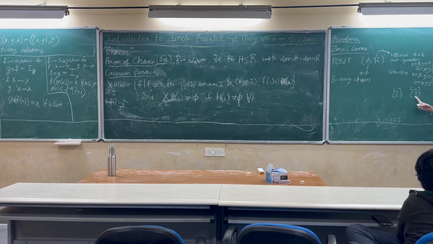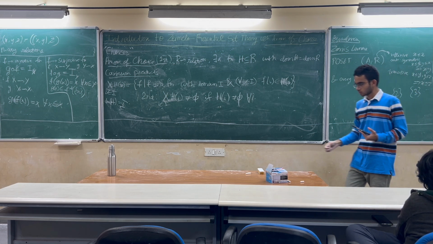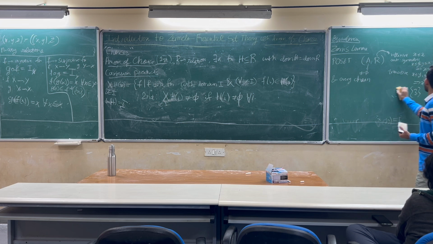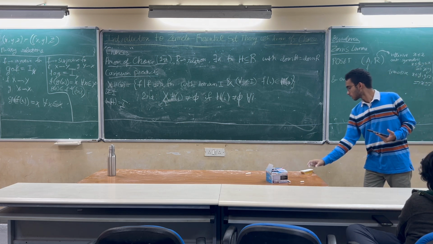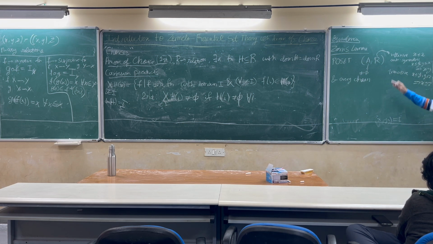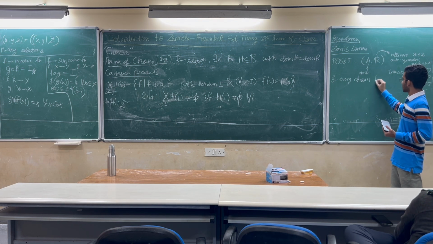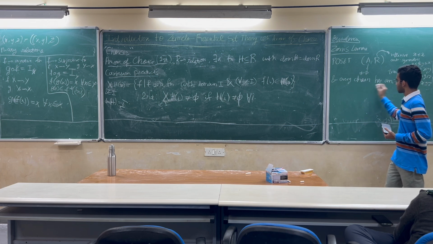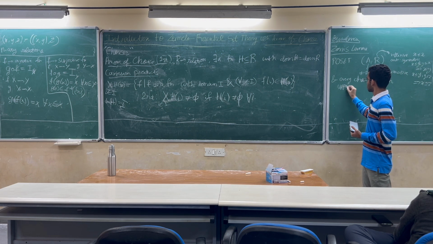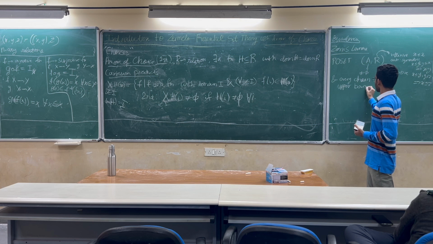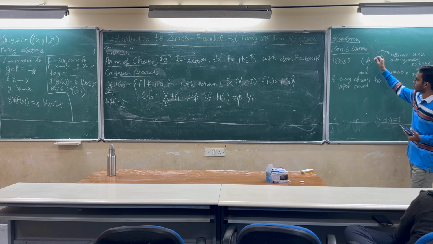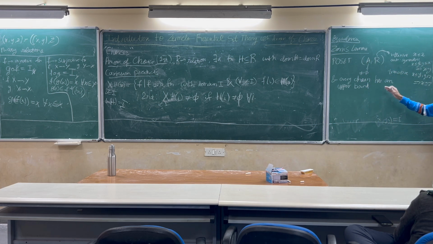This is not a subset of this and this is not a subset of this. So we have two elements which are not comparable. So a chain is a subset of the poset where any two elements are comparable. So if every chain has an upper bound, an upper bound is some element in the original poset which is comparable to everything in the chain and greater than or equal to all of them.